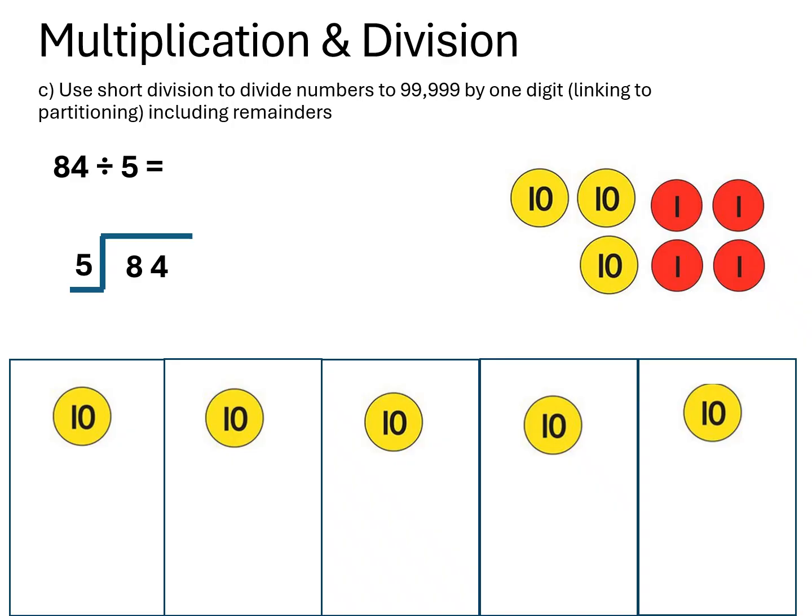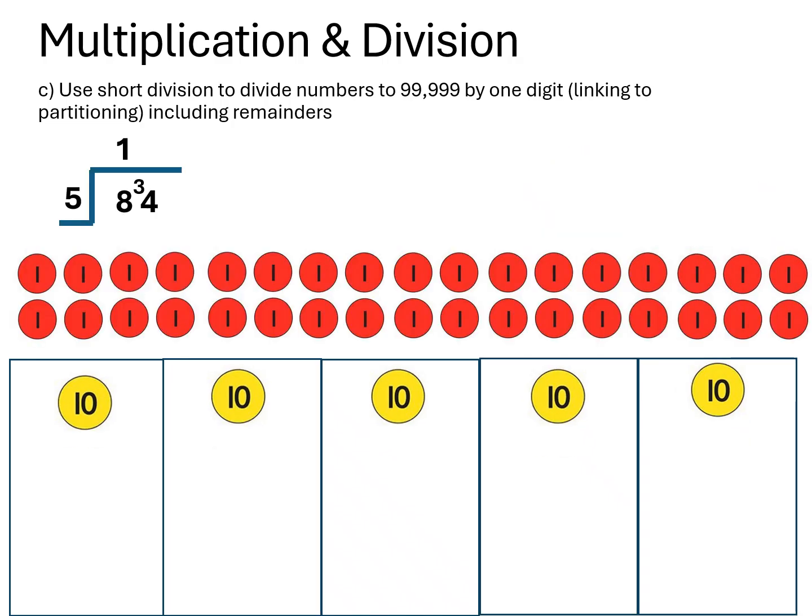That is the same as us looking at the 80 in our short method, how many 5s can we make into 80? Well, it's 10, so we're going to put 1 10 in each of our sharing boxes there.